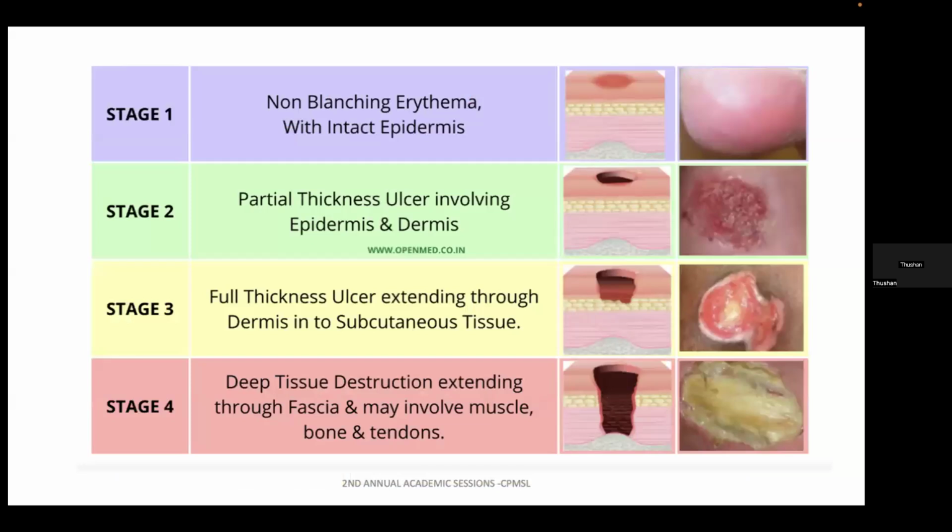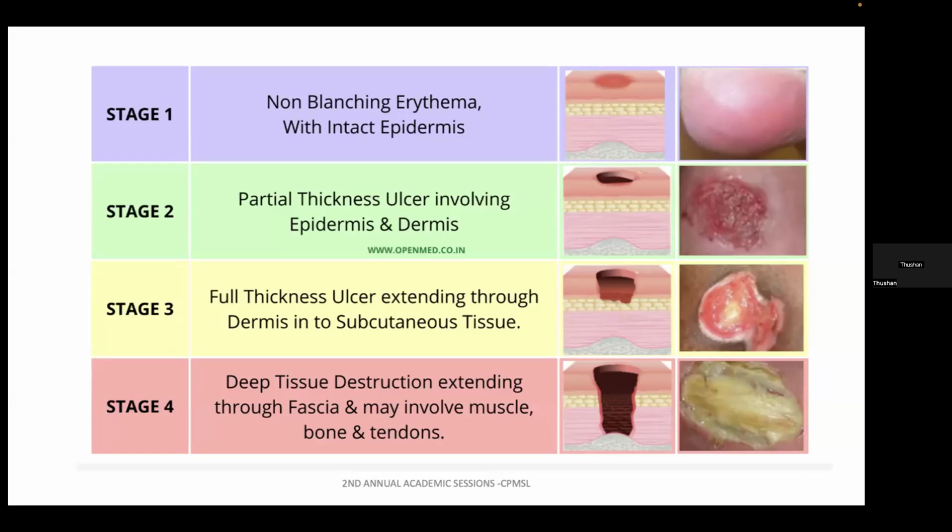So again, a very straightforward, simple thing to figure out, and this is the diagram. You figure out where exactly the problem is. If it's only the epidermis, you don't have an ulcer as such. The dermis is intact, not damaged, but you find the epidermal damage is there, and that leads to erythema. That is non-blanching. Keywords: non-blanching erythema suggests it's a stage 1 disease.